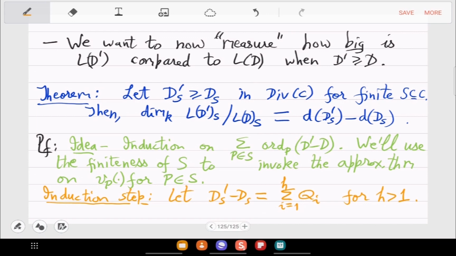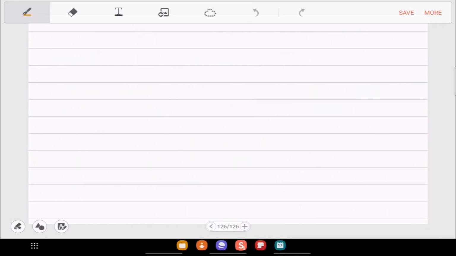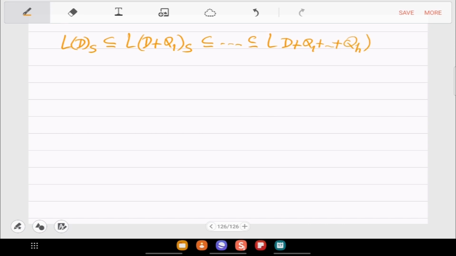So you have a tower of spaces, which is L(D,S) contained in L(D+Q1,S), and so on, up to L(D+Q1+...+Qh,S), which is L(D',S).